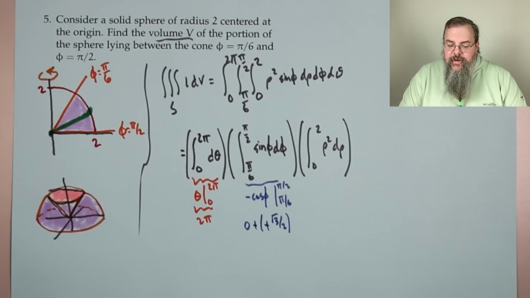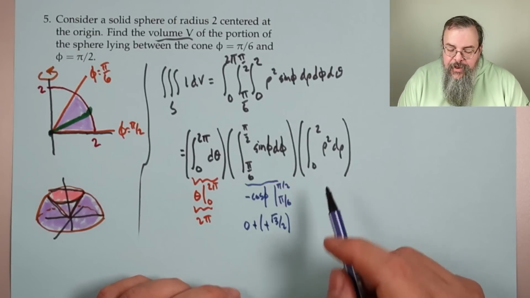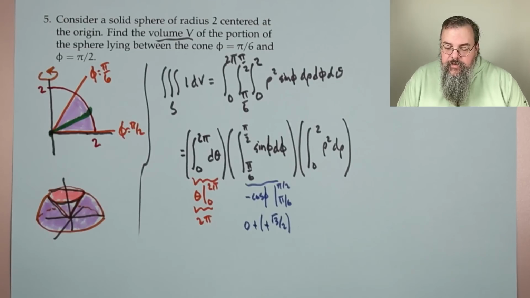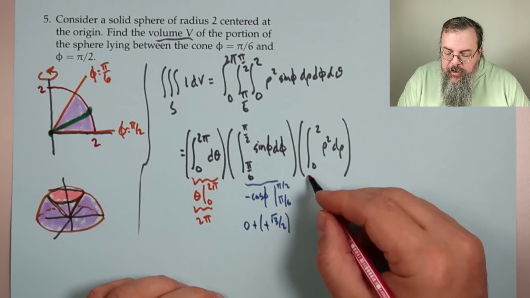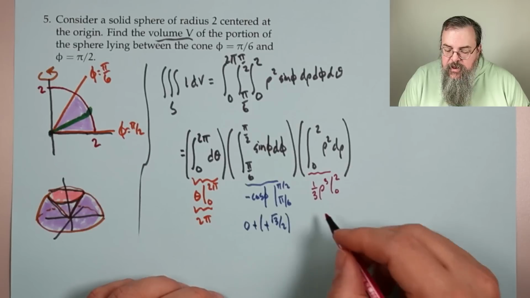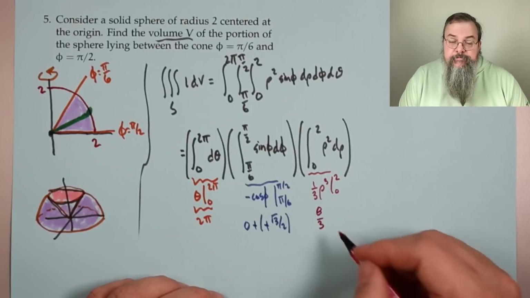Still one more to do, and that's the integral of rho squared. The integral of rho squared is 1/3 rho cubed, evaluated from 0 to 2, well, that's 8/3.